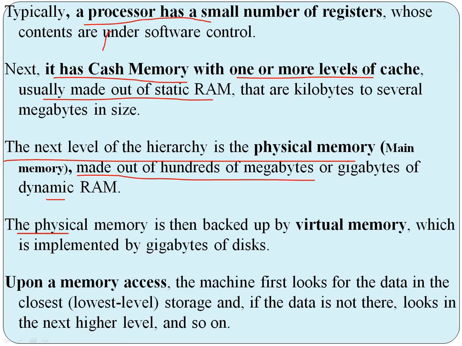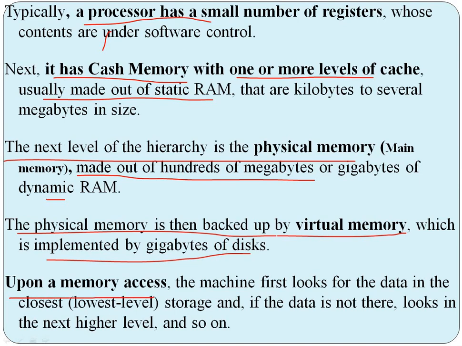Next, the physical memory is backed up by virtual memory, which is implemented by gigabytes of disks. Virtual memory means some part of disk is accessed with speed as much as physical memory, with the concept of virtual memory.